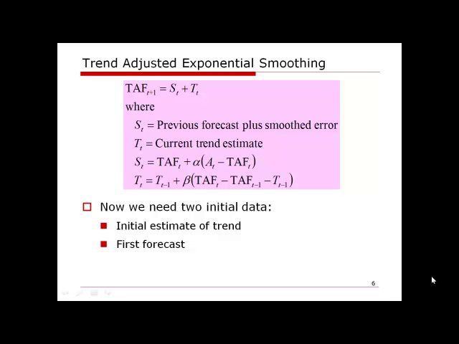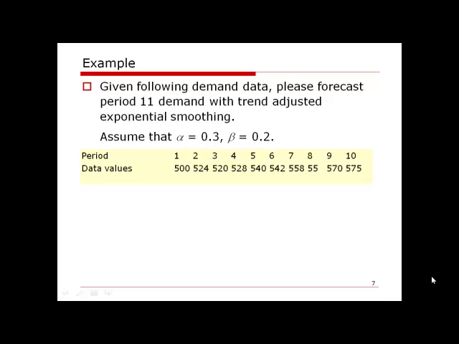But how about the initial estimate of trend? Let's take a look at an example and see how the trend-adjusted exponential smoothing is calculated. Given the following demand data, please forecast period 11 demand with trend-adjusted exponential smoothing. Assume that alpha equals 0.3 and beta equals 0.2.